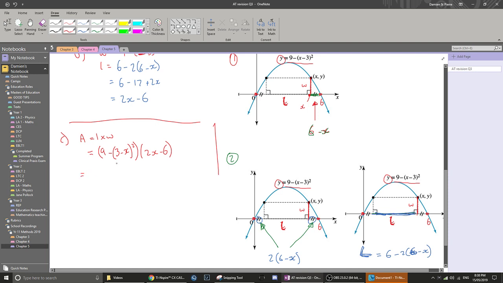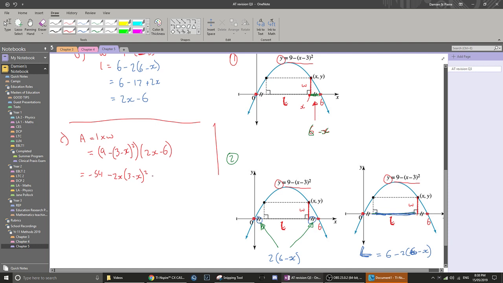We're going to get negative 54 is my outside, minus 2x minus x squared is my inside.